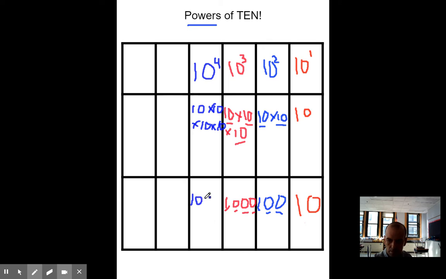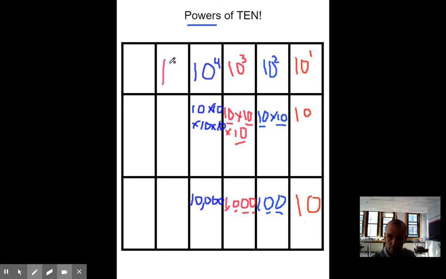So 1, 2, 3, 4. 10,000. So 10 to the 4th is 10 times 10 times 10 times 10, which is 10,000 because there's 4 zeros. So copy that in.